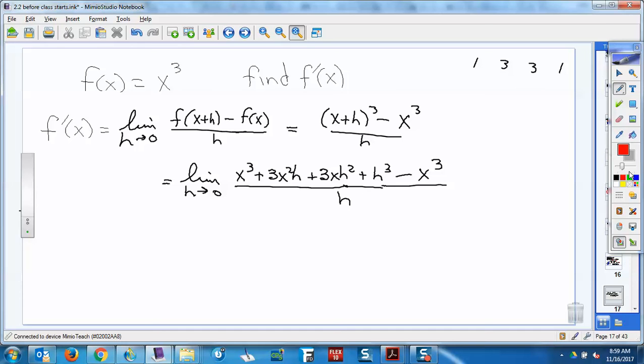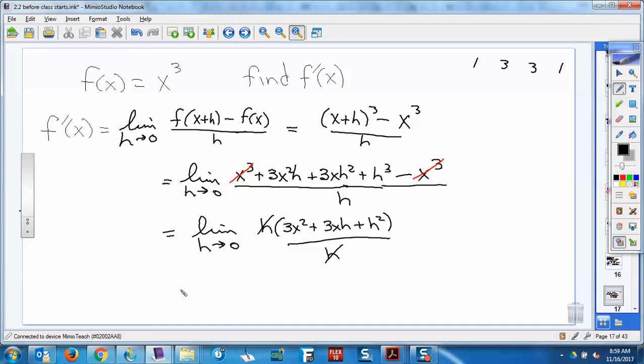And what's happening? The x cubes cancel, which is a good thing. And what do we got? We got stuff that all has h's, so we can take out an h. What do we got? 3x squared plus 3xh plus h squared, all over h. The h is canceled.